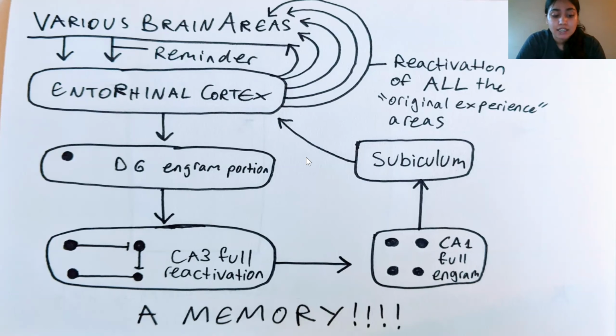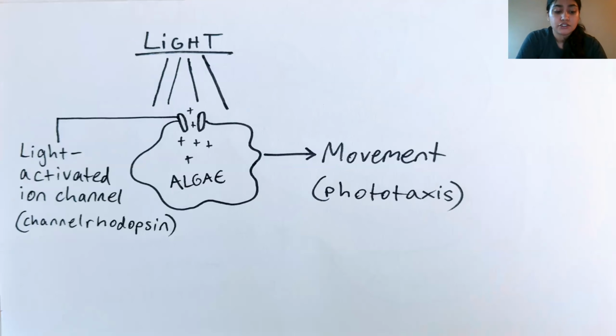Now, in the past decade, a lot of research into engrams and this type of declarative memory regarding your autobiographical timeline, called episodic memory, has been conducted through a technique called optogenetics, which we're actually able to do because of green algae. Green algae, unicellular organisms, move in response to light in a process called phototaxis because of channel proteins in their membranes that open and close in response to light.